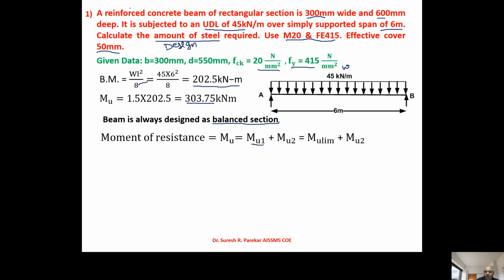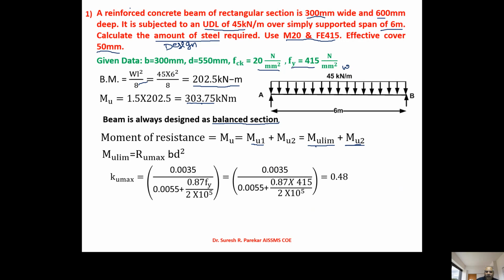Now as it is balanced, Mu1 becomes Mu limit, plus Mu2. Mu we know, which is 303.75. Mu limit we will calculate, from which we will find the value of Mu2. So Mu limit is Ru max into bd square, and we know the value of Ku max, that is 0.48.